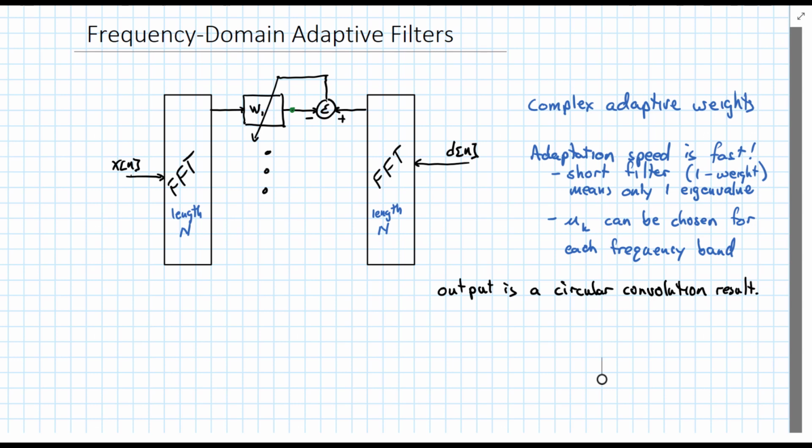So in the case of FFT-based convolution, when we transform x of n of length n and we multiply that by a filter of length n, that means the output is going to be of length 2n minus 1. Well, we don't have 2n minus 1 data lines. We just have n. And when we take the inverse FFT of that output, then we'll only have n points.